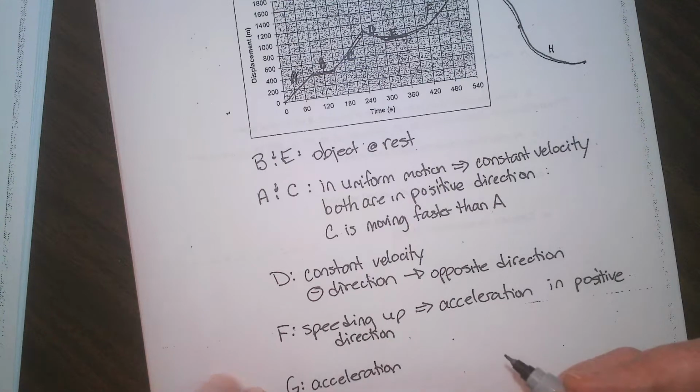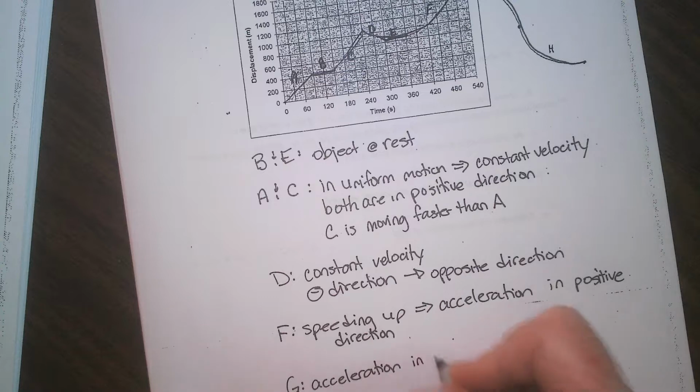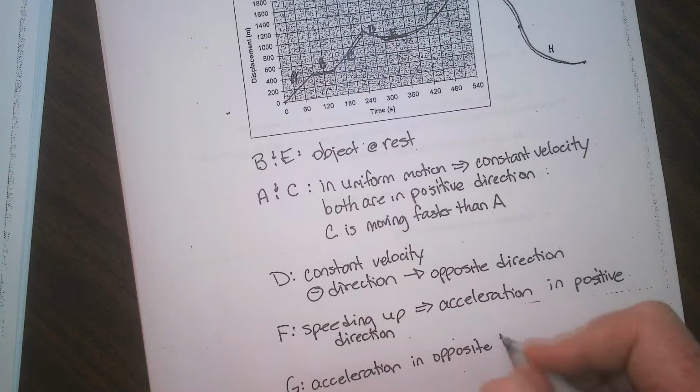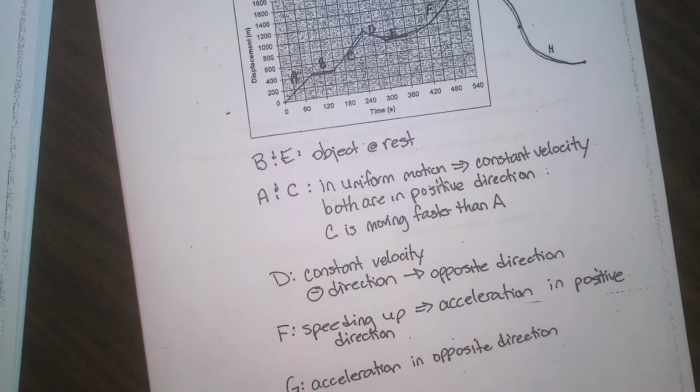But why did you use the word acceleration instead of deceleration? Kate, you can't use slowing down and acceleration in the same sentence. They're opposites. So you're right, it is acceleration. It's in the opposite direction.